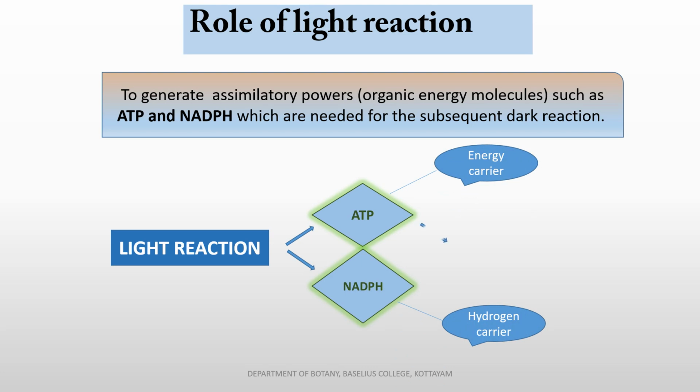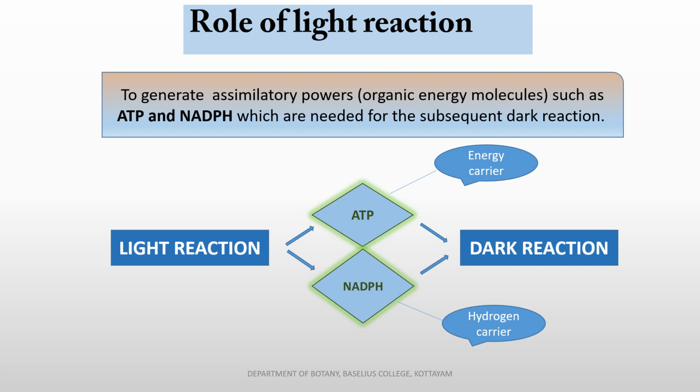Since dark reaction is a reduction process by which carbon dioxide is reduced to form energy rich glucose molecule, both ATP and NADPH are utilized in this reaction as fuels, one for supplying energy, the other as a fuel for reduction process. Now all of you understood the fact that ATP and NADPH are the products of light reaction. So now we are going to learn a little more about these two molecules.